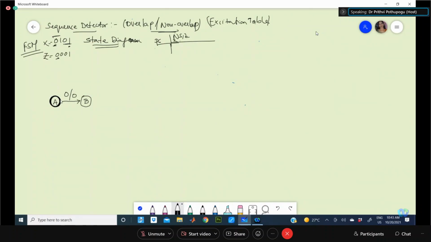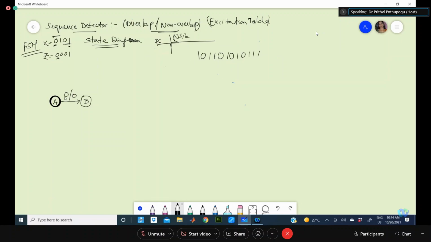In the present state A, if 1 is the input coming instead of 0, that means we are taking a string of bits, some string of input bits coming into the system, and you will be finding the sequence wherever it is happening.